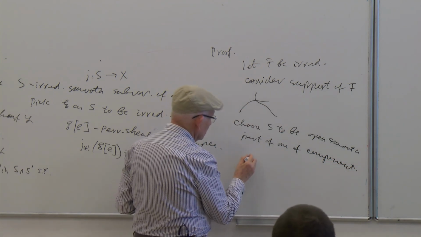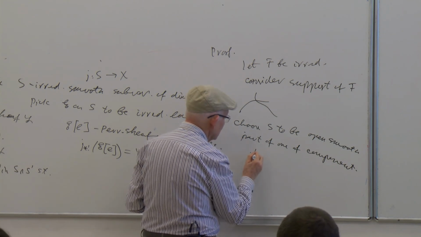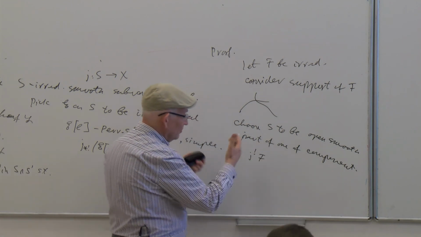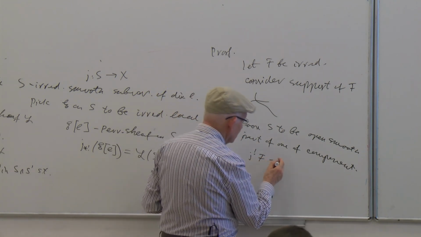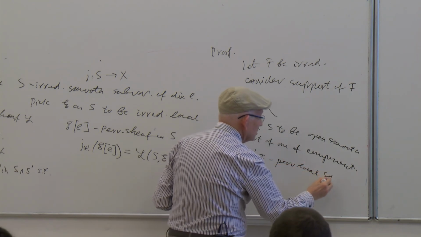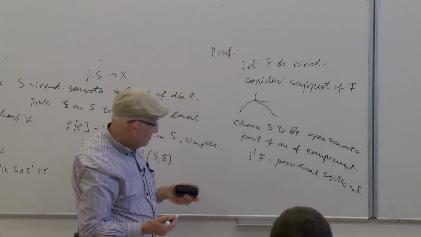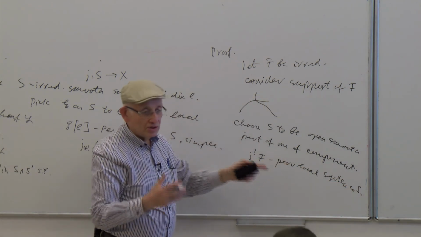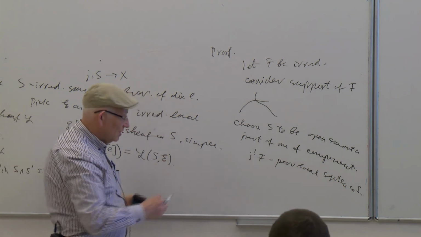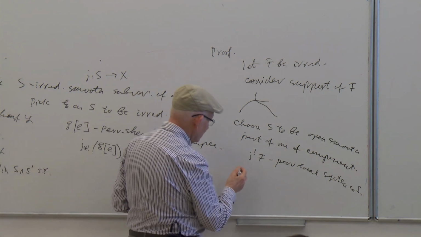Then consider j^* of F. If you shrink S, then this will be a perverse local system on S. If it's not a local system, you just shrink S a little bit so as to make it locally constant.